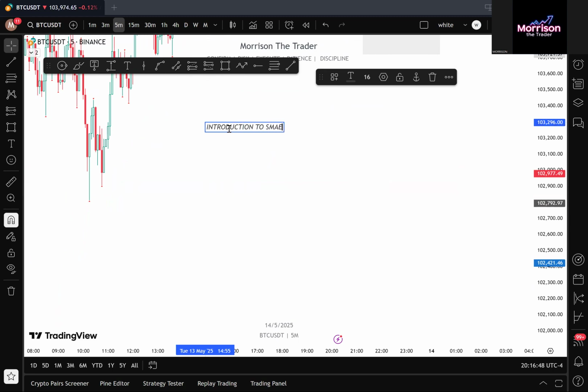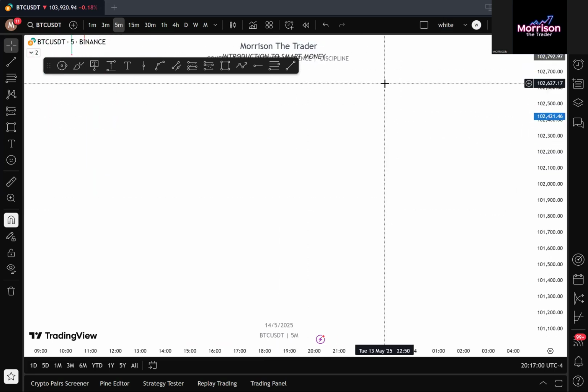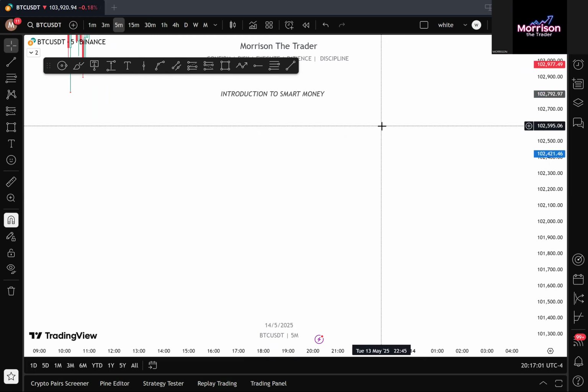Introduction to smart money. So when we say smart money, what do we mean by smart money?